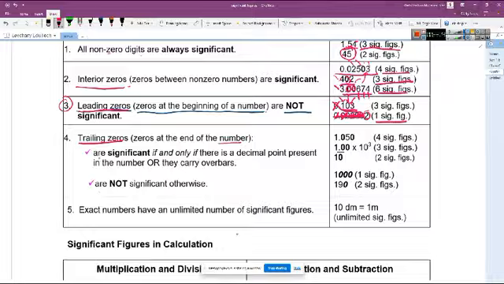Trailing zeros are significant if and only if there is a decimal point present in the number. So in a decimal number, if we have zeros at the end, they will be counted as significant. But in any other circumstances, we will not count them.